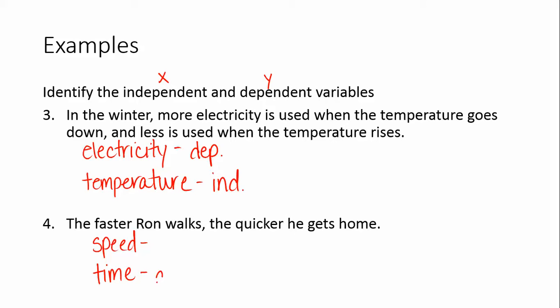So the time depends upon the speed. And if you try to say it the other way, it just really doesn't make a lot of sense. The speed he walks depends upon the time it takes him to get home. I mean, that just sounds really backwards when you say it out loud. So the time it takes him to get home depends upon the speed that he walks.